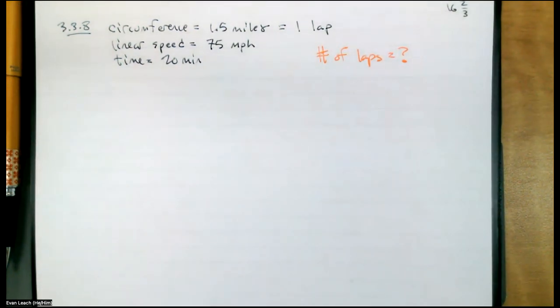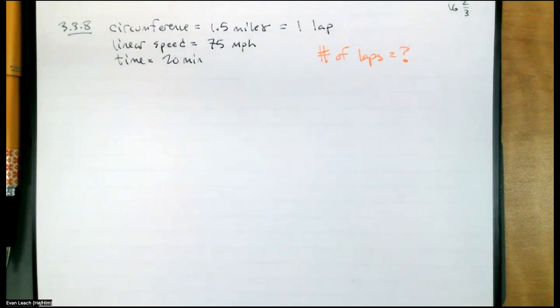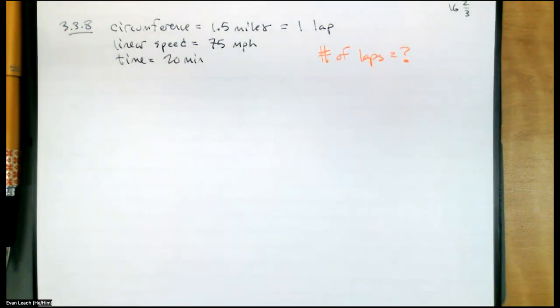So 20 minutes is not as useful of a time because our linear speed is 75 miles per hour. I can either take my 75 miles per hour and convert it into miles per minute, or I can take my 20 minutes and convert it into hours. I think I'll just convert minutes into hours.